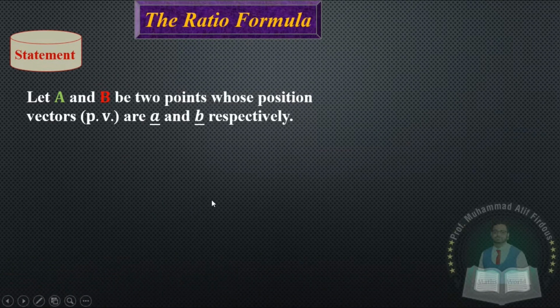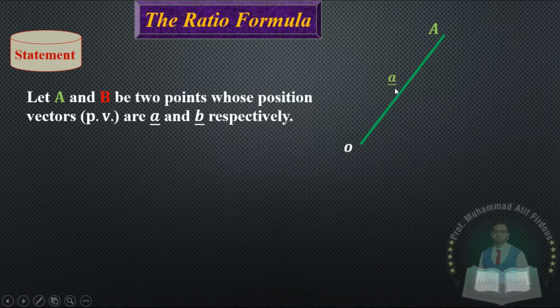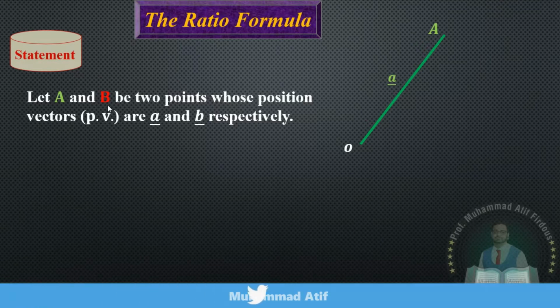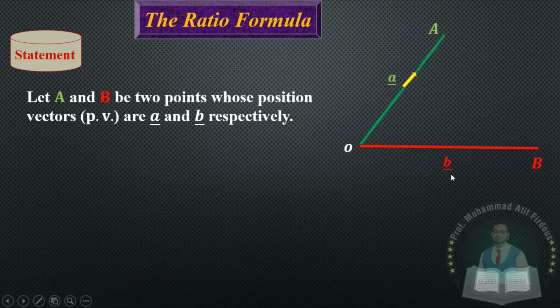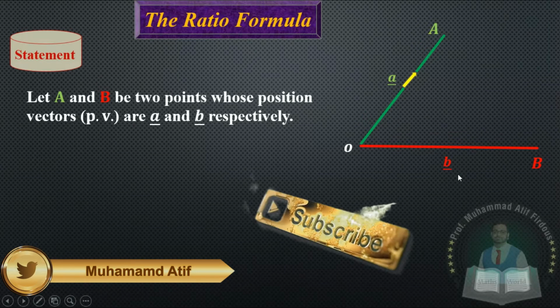So, suppose a point A. This is your point O, this is your point A. OA is a vector having position vector a, and B is another point, having position vector b. So A and B have position vectors a and b respectively.